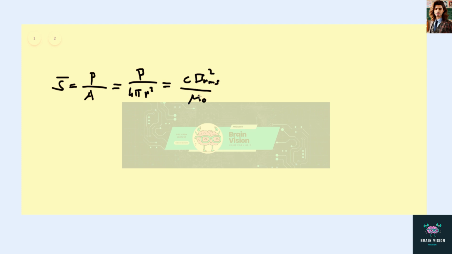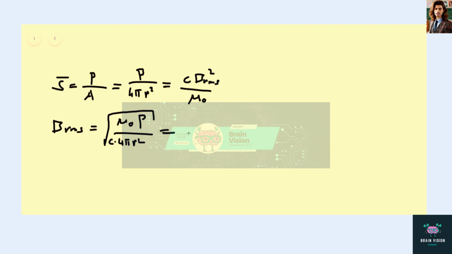And so now we just rearrange this for B RMS, and we get B RMS is equal to mu 0 times the power that we calculated before, divided by c times 4 pi little r squared, and all of this is square rooted.